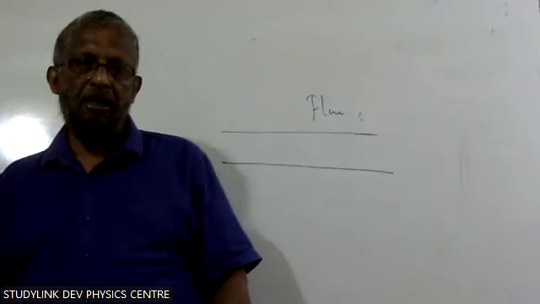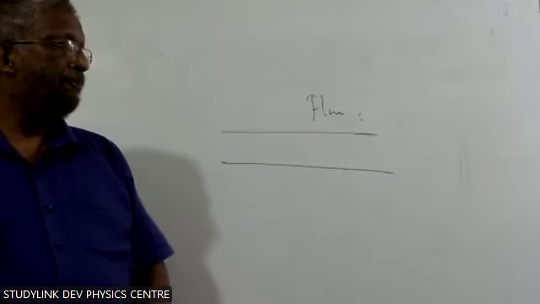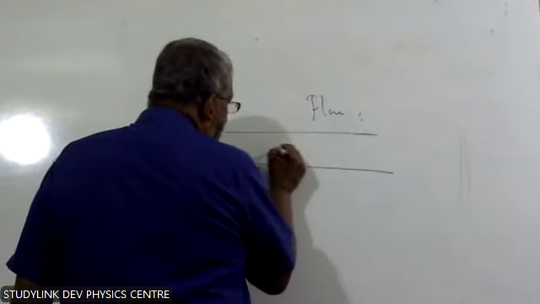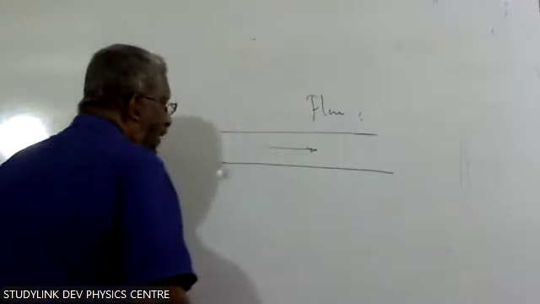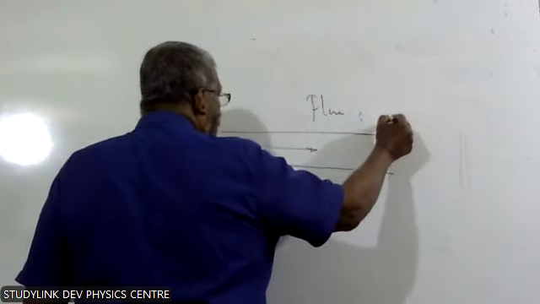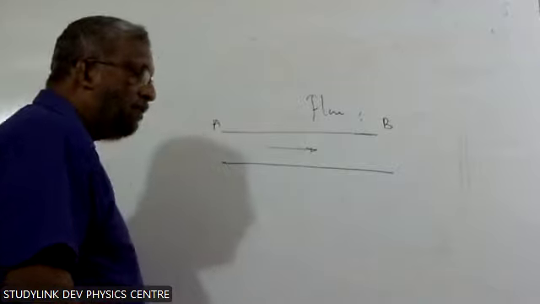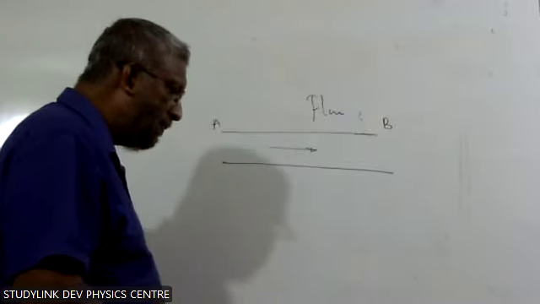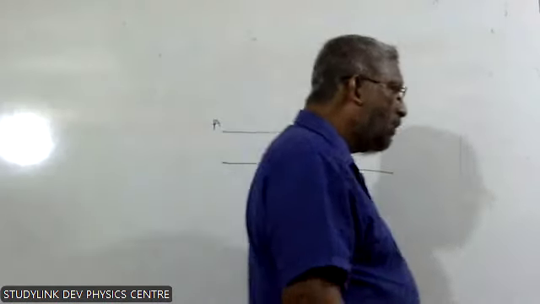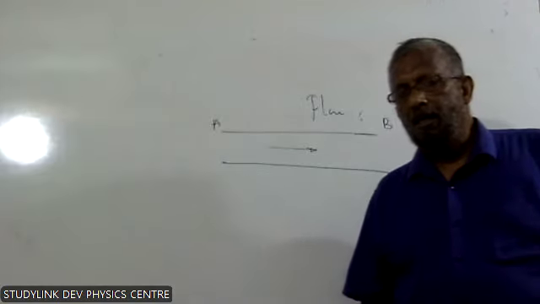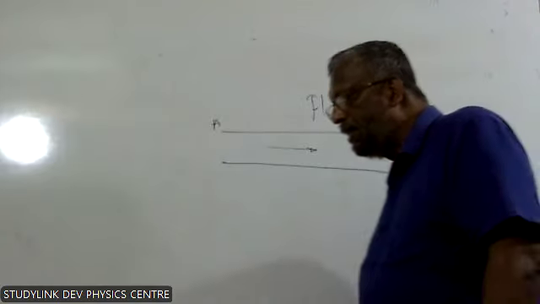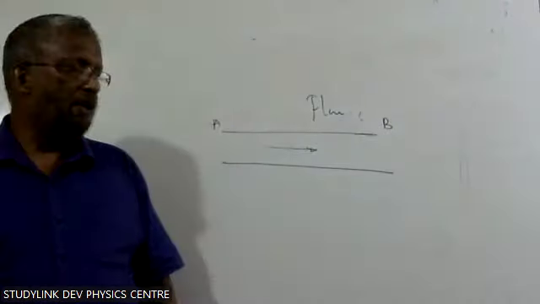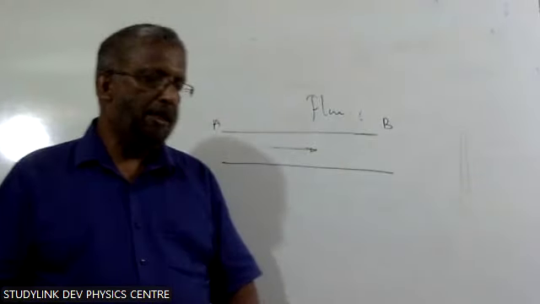Anyhow, for a liquid to flow from one end of a pipe to the other end, the first end should have greater pressure with respect to the other end.